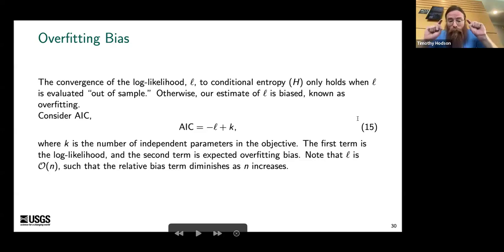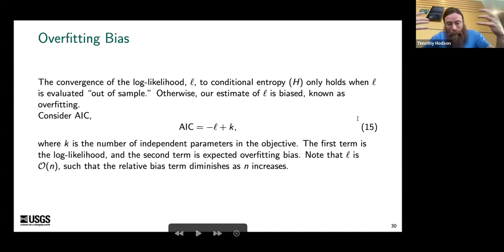Now, when we're just selecting the objective, K is equal to the number of parameters in the objective. So it doesn't matter how many we have in the model if it's held fixed. And typically with these objectives that I was showing in the paper, there's only one or two parameters, okay? And if you look at this equation, the first term, the likelihood, if you recall, is going to grow with order n, the number of observations.